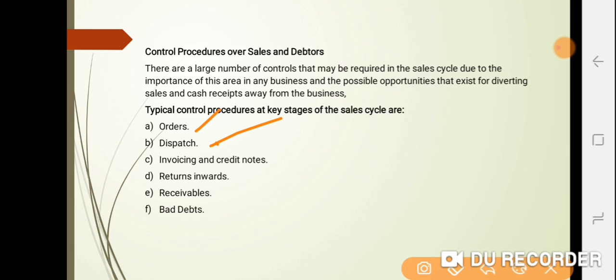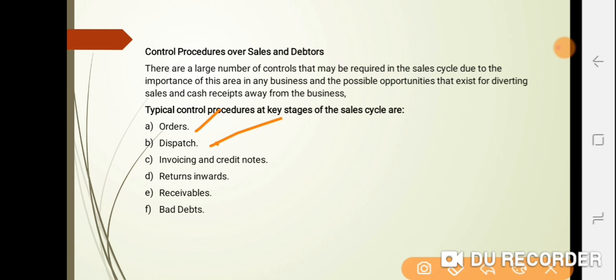All invoices and credit notes should be serially pre-numbered and regular checking should be carried out. Then credit notes should be authorized by someone unconnected with dispatch or sales ledger functions. Then a copy of a cancelled invoice should be retained. Any cancellation of an invoice should lead to cancellation of the related dispatch note also.